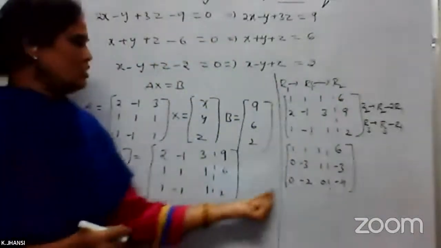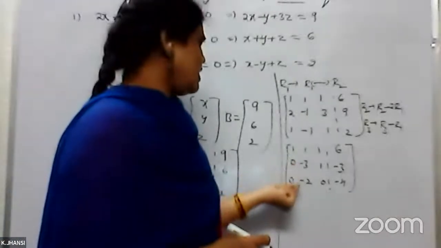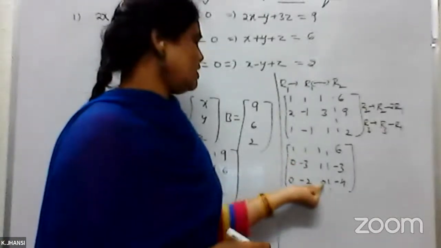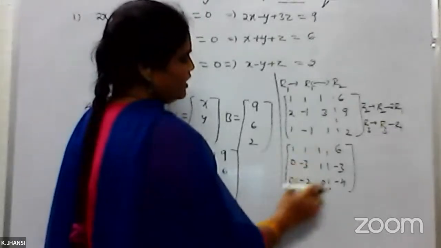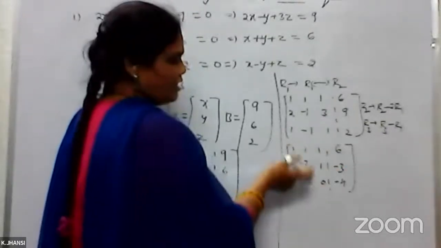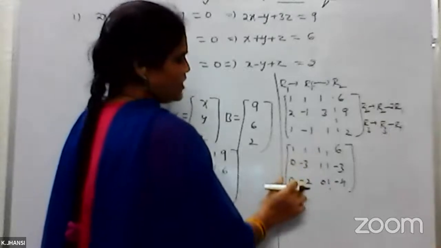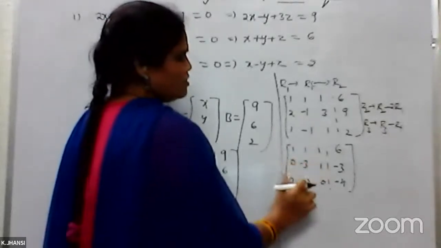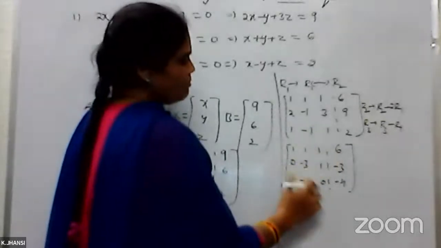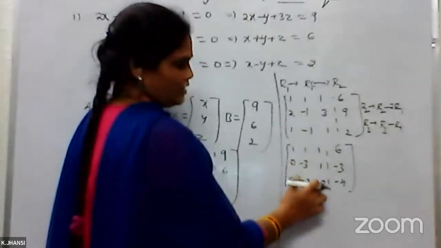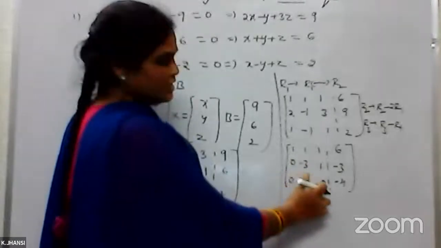Next, if possible, you can make this entry 0. If you subtract again, you will get the same element.